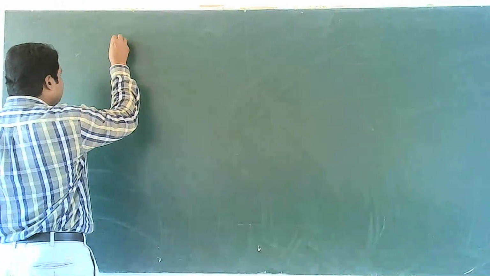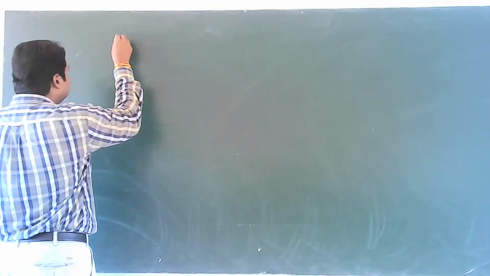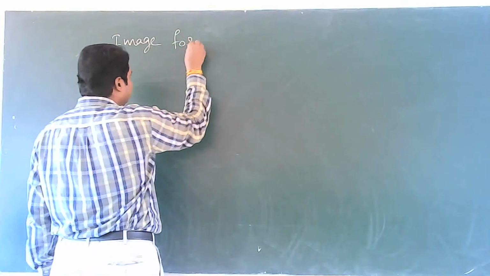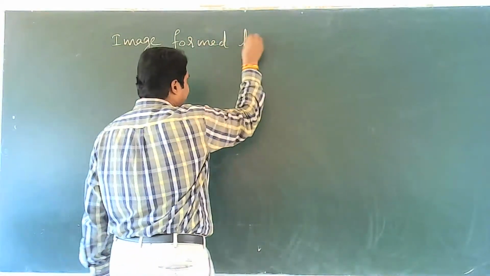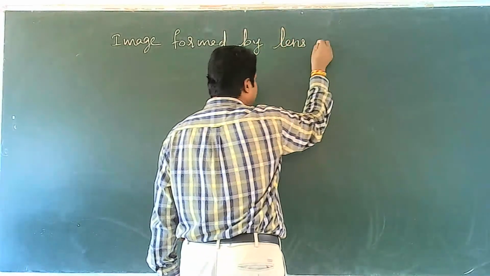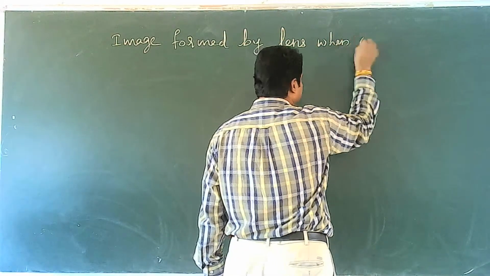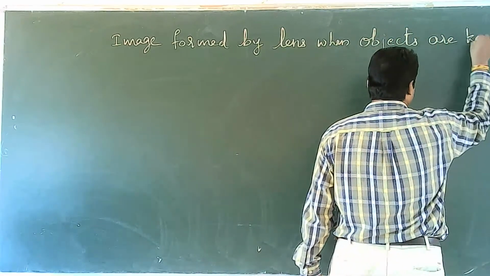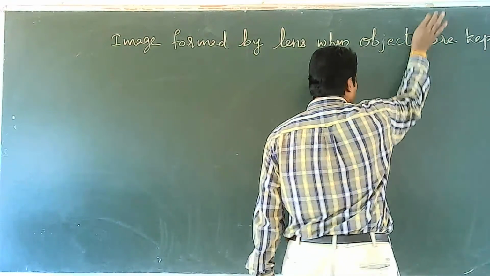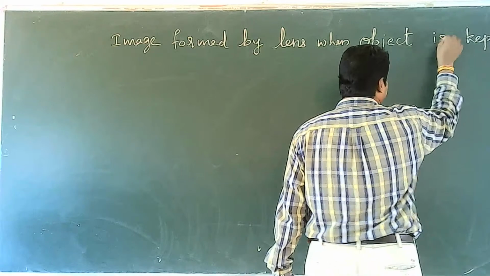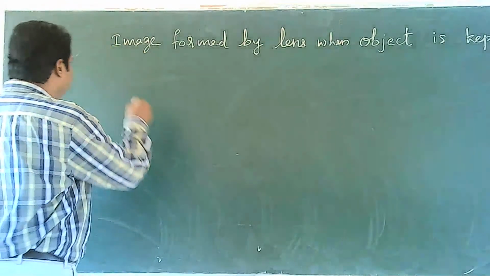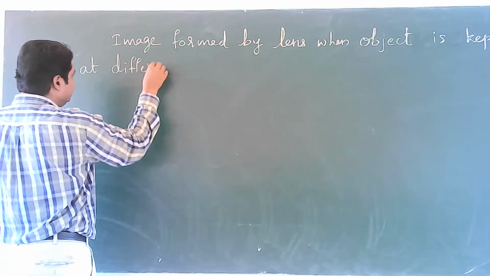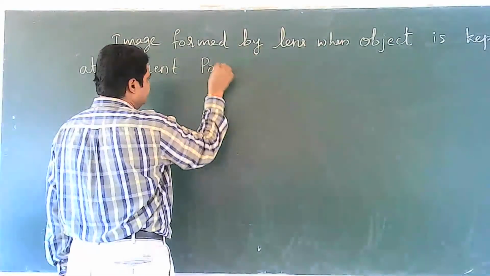So our heading will be: image formed by lens when object is kept at different positions.